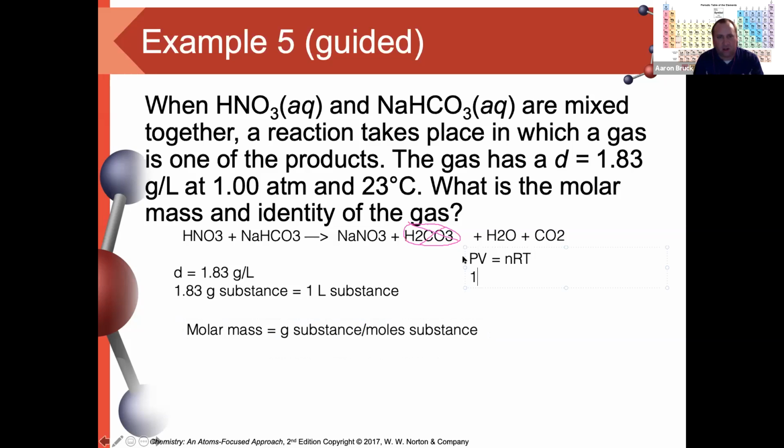My pressure is 1 atmosphere. My volume is 1 liter. I don't know what n is. My R value is going to be 0.08206 liter atmospheres per mole Kelvin. And my temperature, 23 Celsius, is 296 Kelvin.